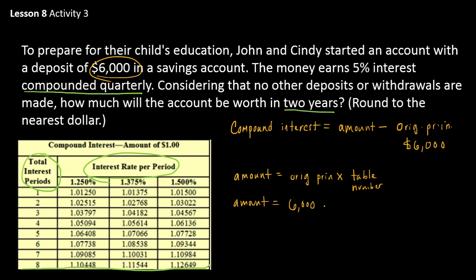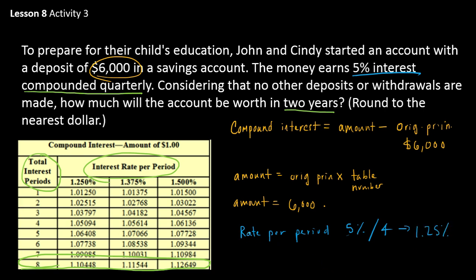So we're going to use some number from this row. Now we have to figure out the column. So our column, interest rate per period. So if the money earns 5% interest compounded quarterly, then the rate per period is going to be that 5% divided by 4, which is 1.25%.